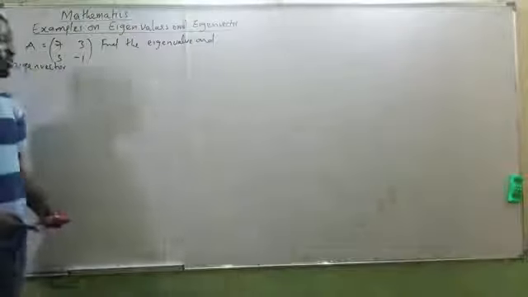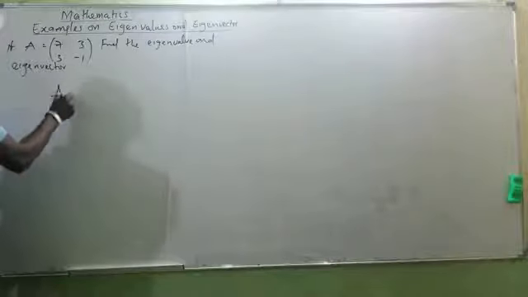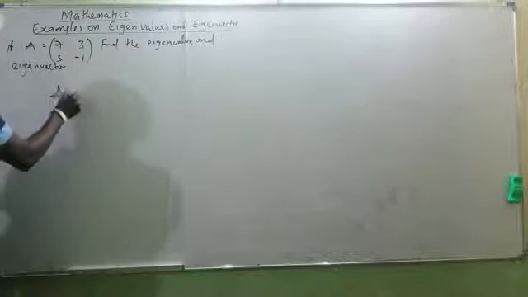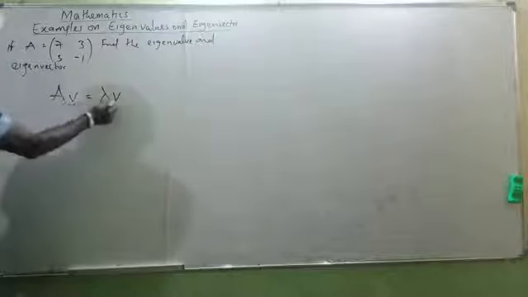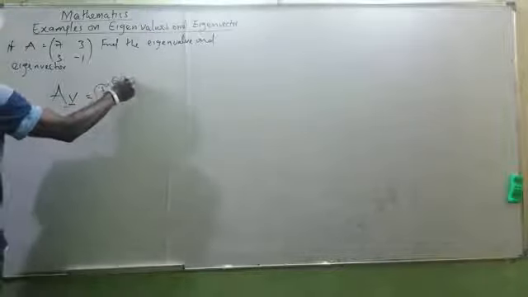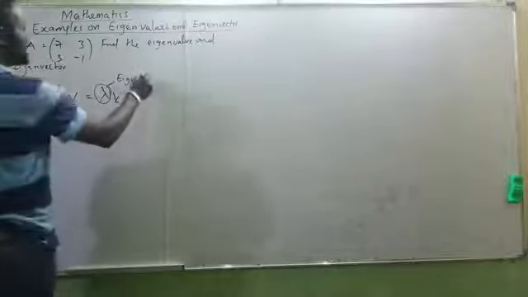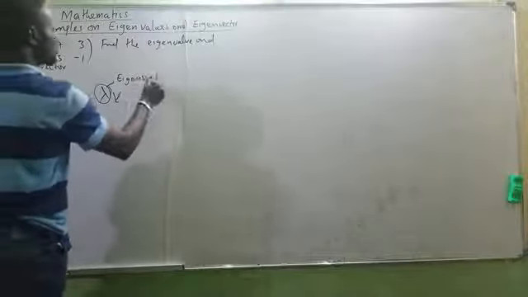For your information, there are different ways of looking for eigenvalue. I've told you earlier that our eigen is always A of V equals lambda of V. This is the vector, while this one is what? The eigenvalue, which I've explained earlier. And I've said that eigen is a word from German, which means own value.